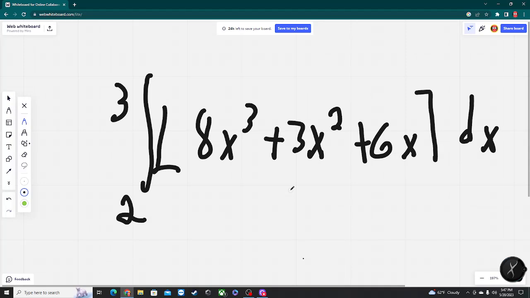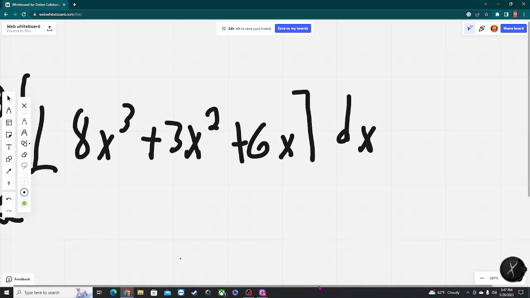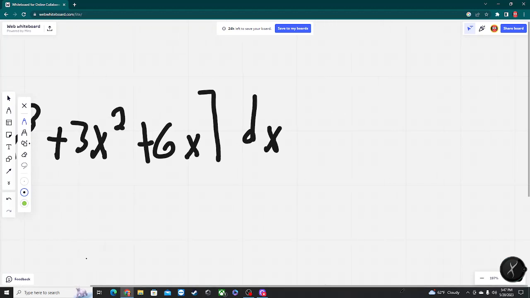What we're gonna do here, just like our last one, we're gonna find the antiderivative of our huge function using the power rule.